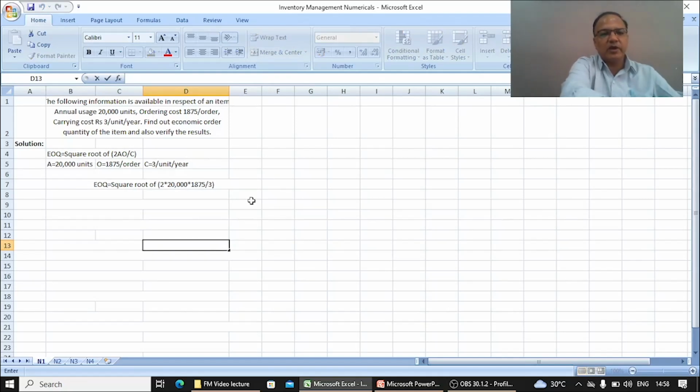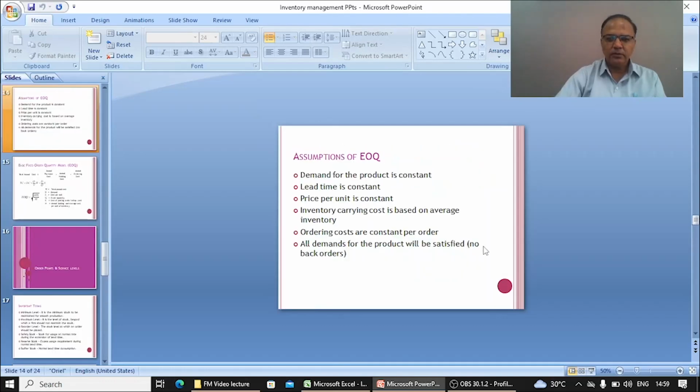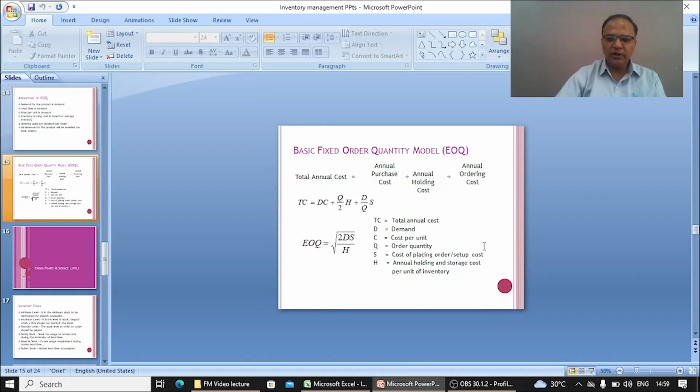Then let's take the help of a calculator. It is 20,000 into 2, 40,000 into 1875 divided by 3. What was the formula? 2AO upon C. It's clear.